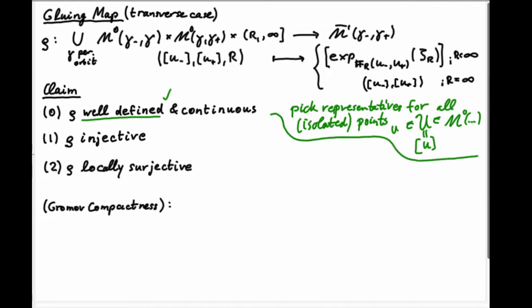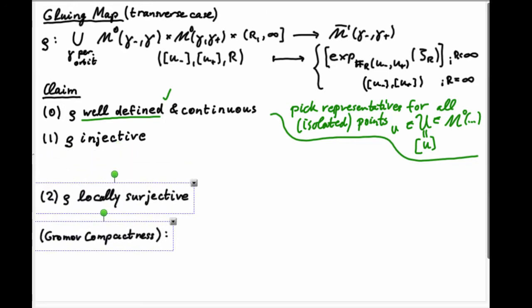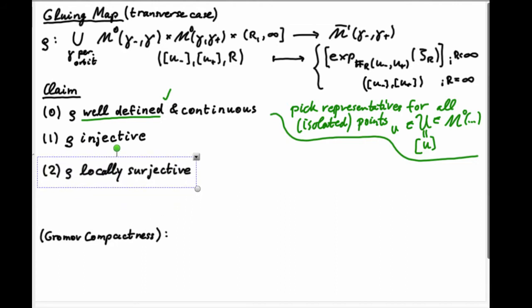Injectivity, as a statement, is perfectly clear. I would like this entire map from the union of all these pairs and all these intervals to be injective.